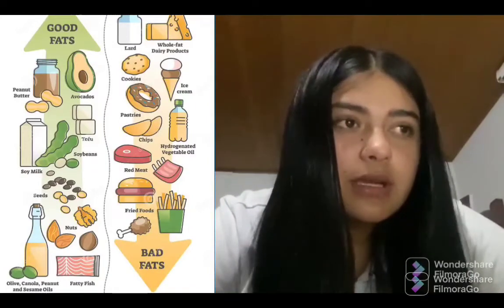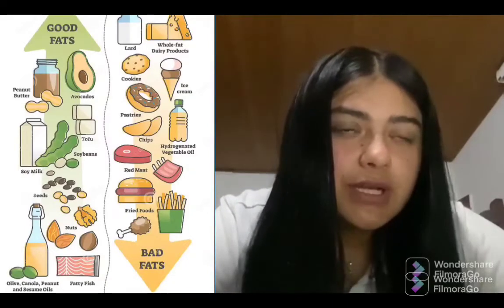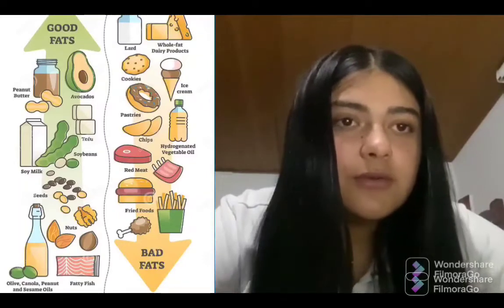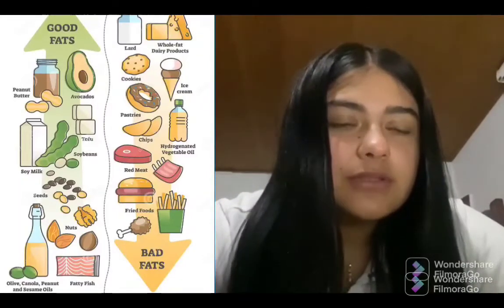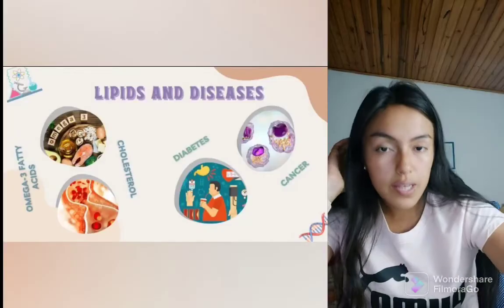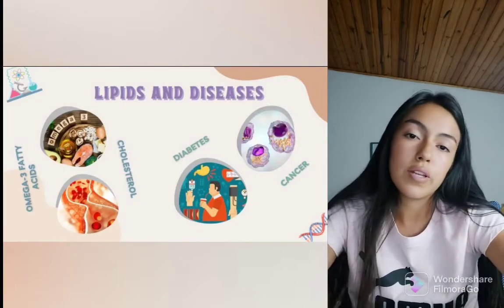The meat, 100 grams, has 143 calories. And finally, the nuts, 100 grams, have 607 calories. Lipid diseases can be classified as unsaturated or saturated fatty acids.